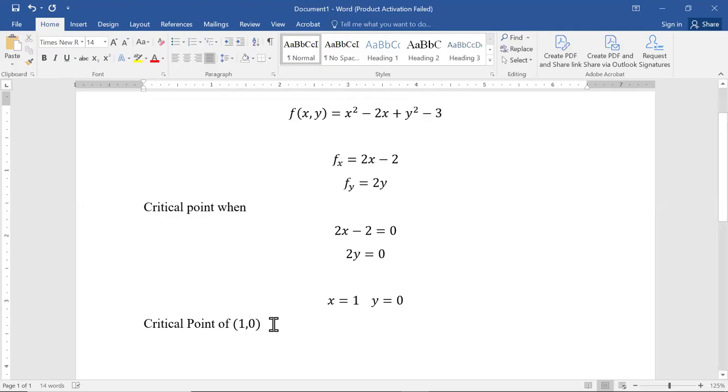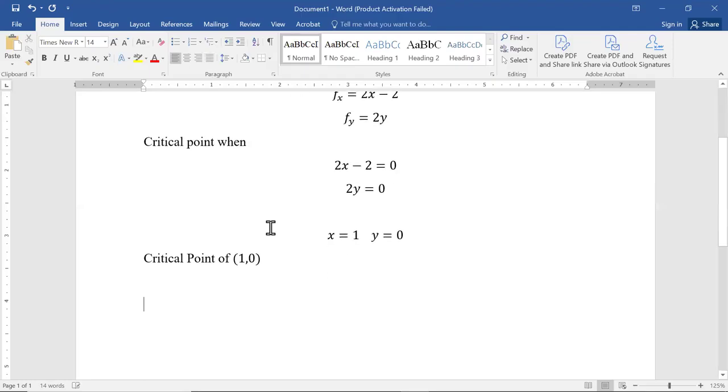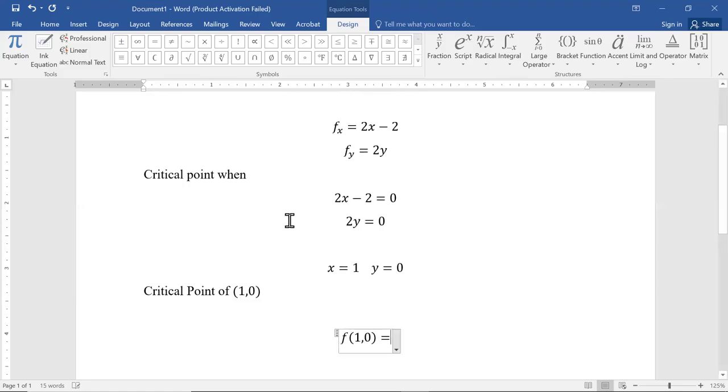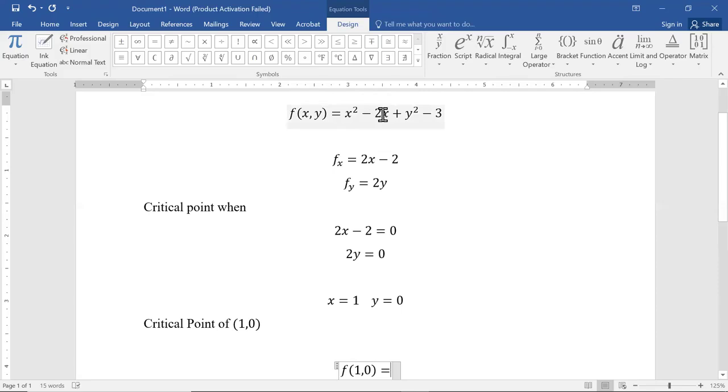Now, I'm going to look up on the graph and show this. Obviously, we've done this before, but I'm going to remind you, if you plug (1, 0) into your original function, you get negative 4.